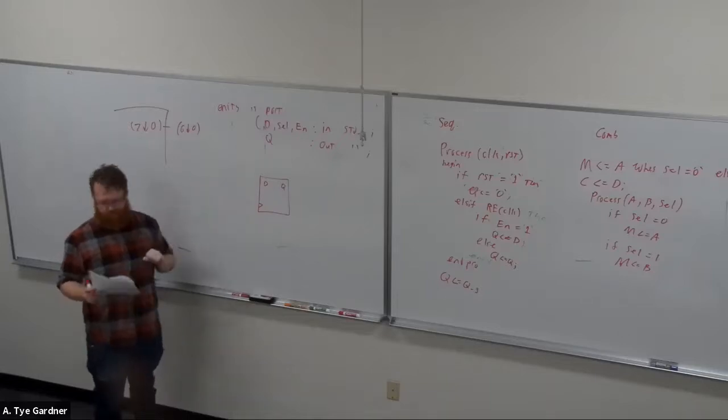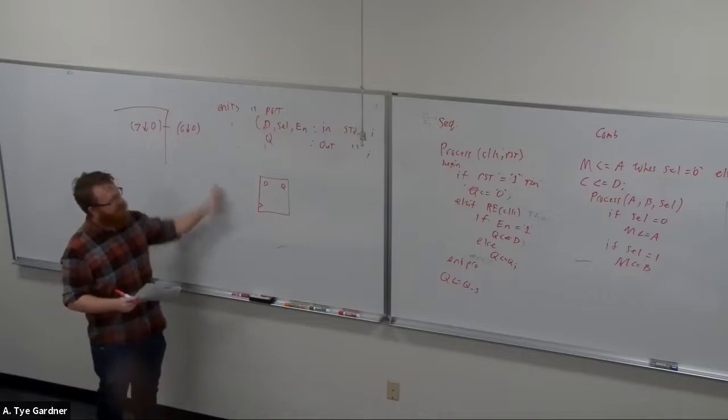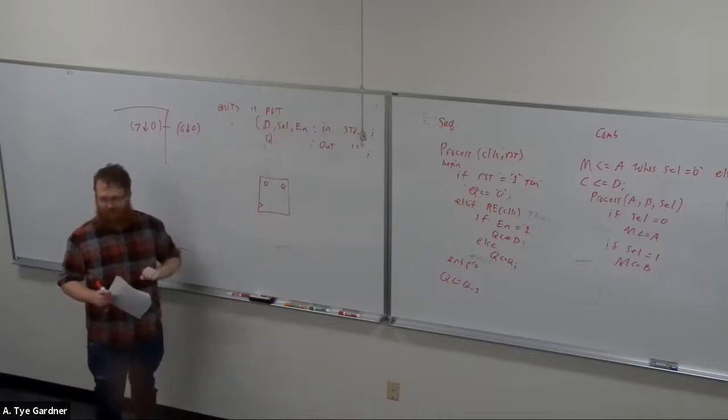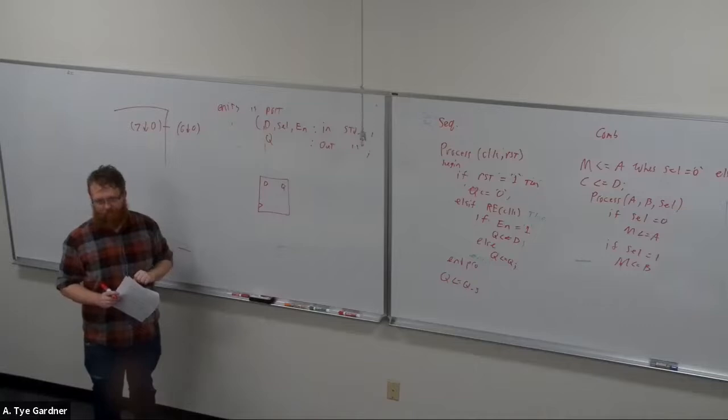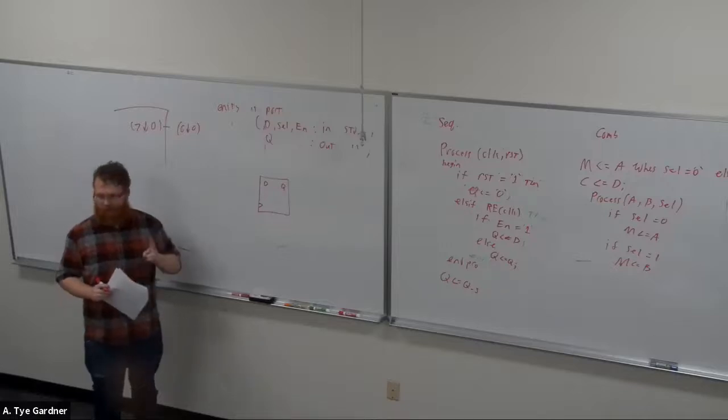Given this DQ flip-flop, I want you to build extra circuits around it to make a clock enable. And we talked about two ways, right?